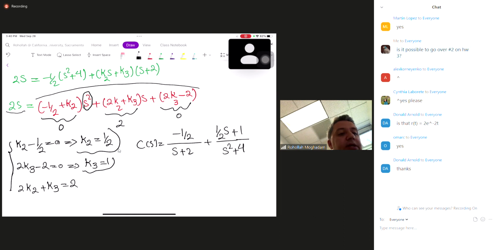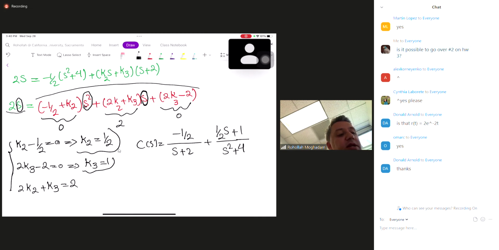Therefore, in order to make the right-hand side not have s squared, this coefficient has to be 0. If I make k2 equal to half, then that part will be 0. Now, we have a polynomial with respect to s on the right-hand side, and a polynomial on the left-hand side, so they should have the same coefficients.